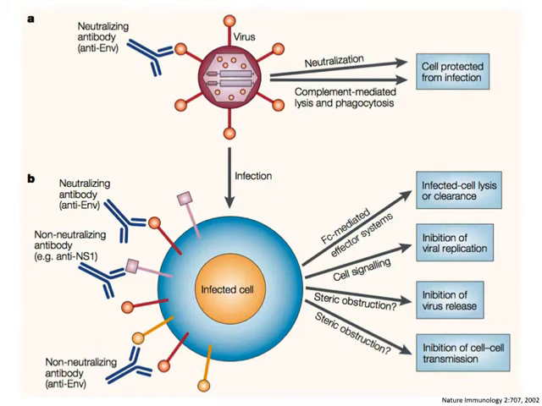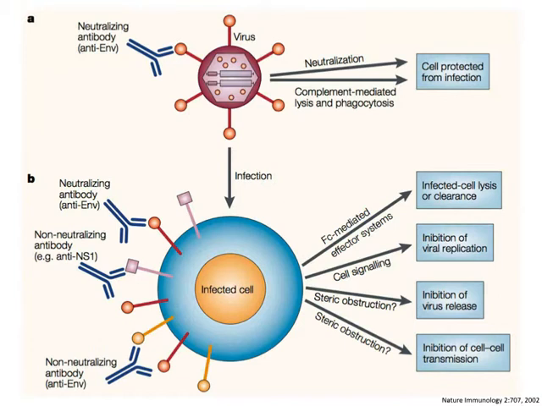These antibodies can also coat the virus and allow them to be lysed by complement. That's the protein system we talked about yesterday. It allows them to be phagocytosed by cells that have receptors for the antibody. So at the end of the antibody, opposite from the part that binds the antigen, this is called the Fc portion, and there are receptors on many cells that will bind this and take it up. So if antibodies coat a virus, they can be taken up and destroyed.